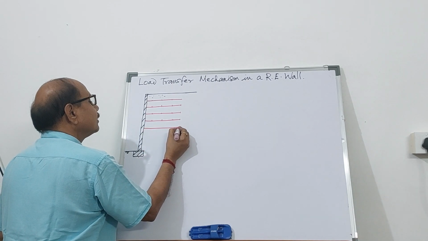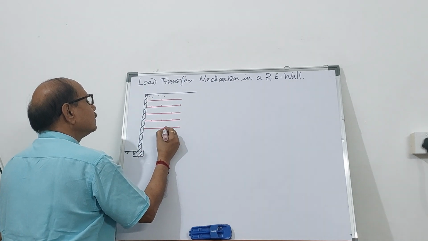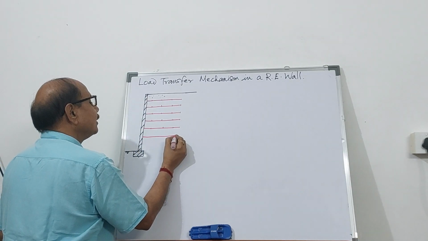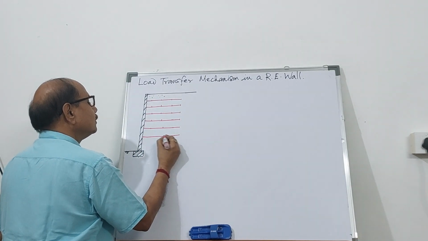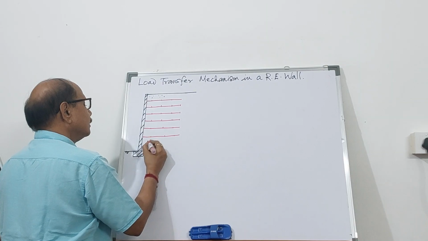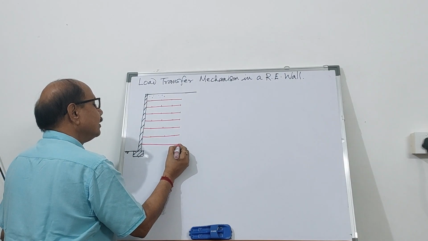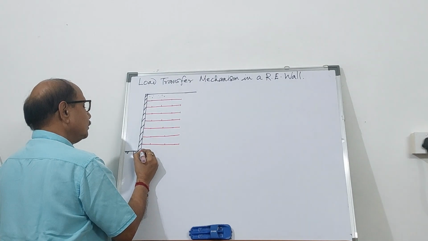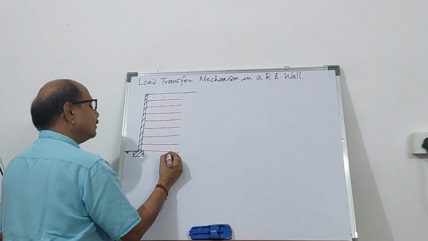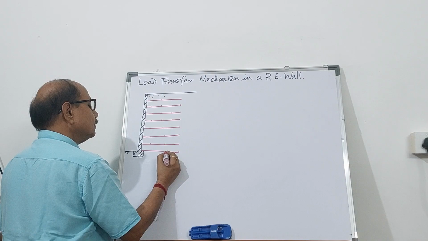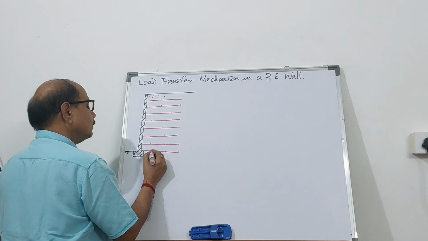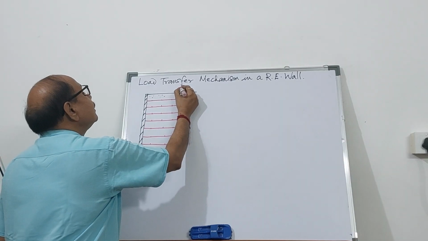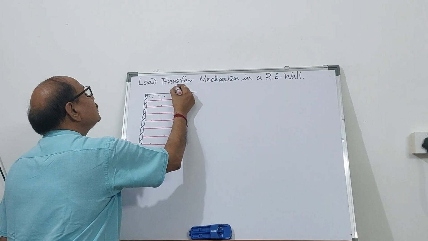This is the fifth layer. This is the sixth layer. This is the seventh layer. This is the eighth layer. So this is called RE wall.